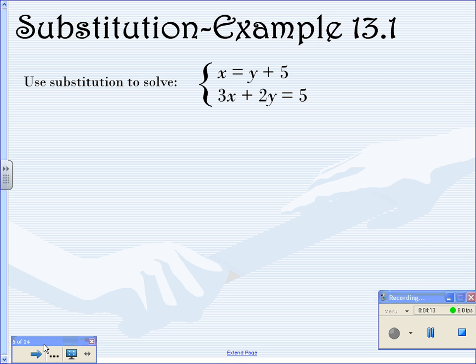For this one, what are we going to do? Okay, instead of 3x, what am I going to do? 3 times what? Does that make sense? Then what?